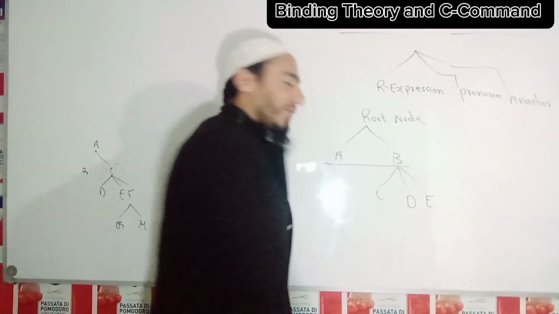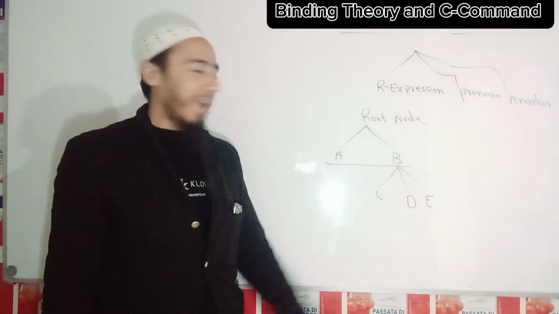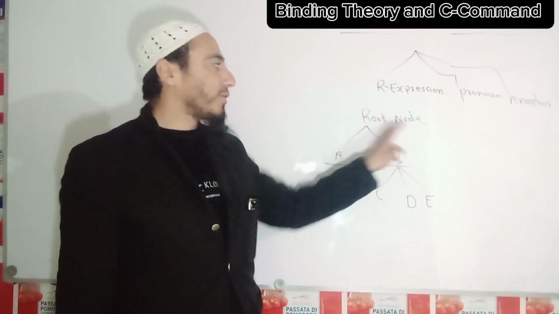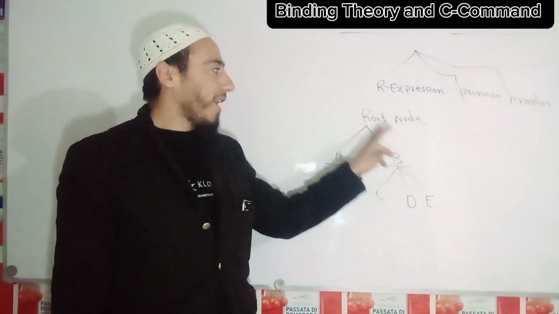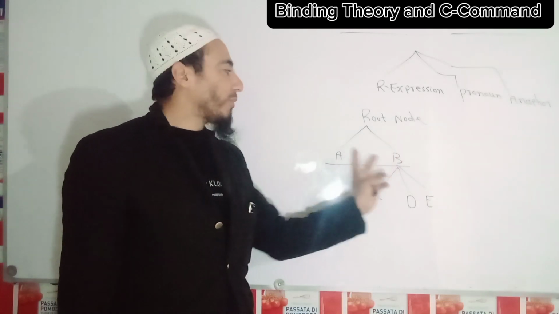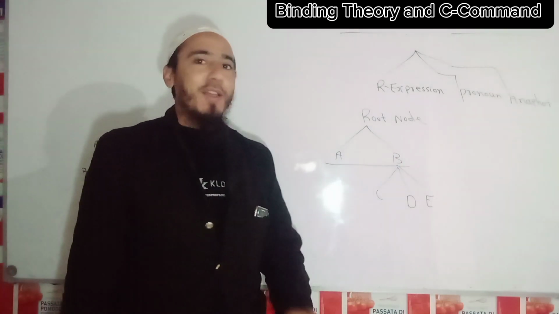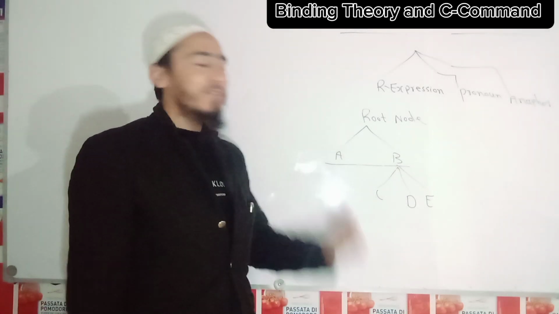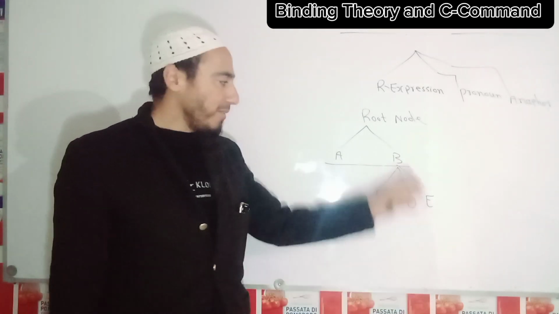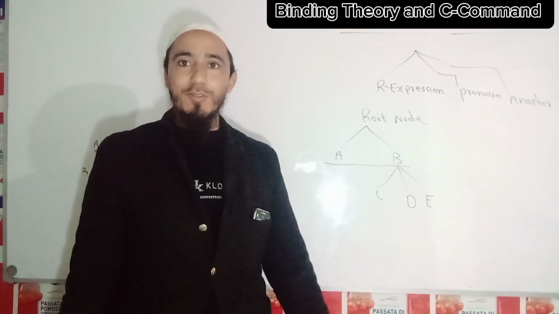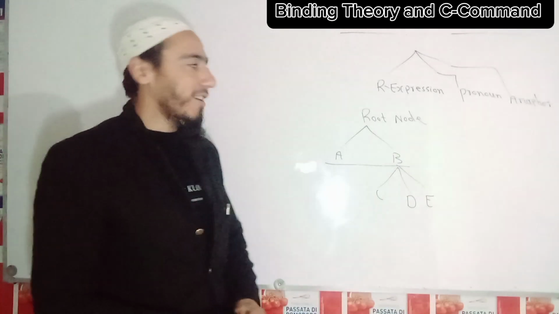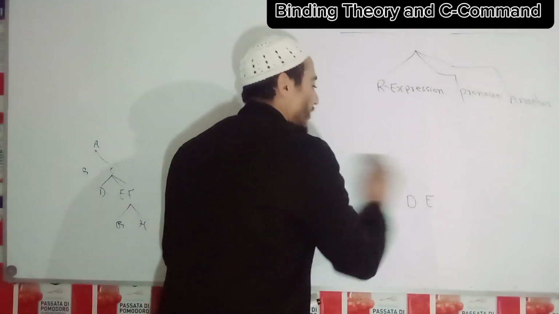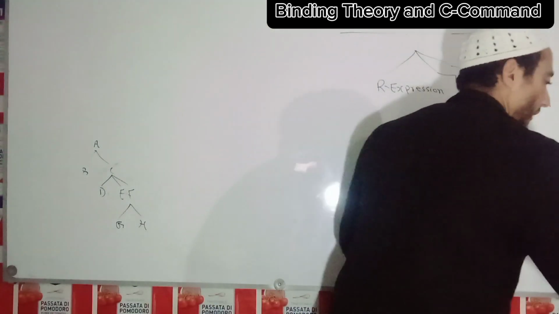They are also known as the daughters of the mother node, because the root node is also called the mother node. So both A and B are the daughters of the mother node as well as the sisters of each other. The same is the case when we further extend those nodes. We discussed this in the structural relations. However, I am now talking about the structural relations of C-command.